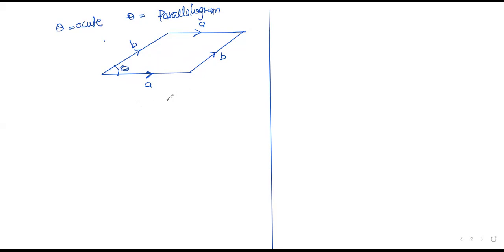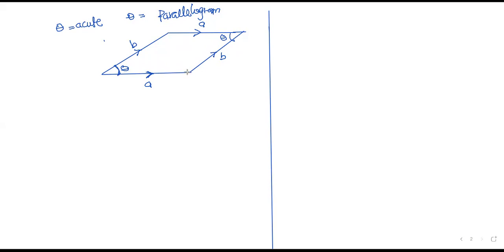And don't forget, in a parallelogram opposite interior angles are equal. So if this is theta, this side is also theta. This B is parallel to this B. When two lines are parallel, they have the same slope or gradient.